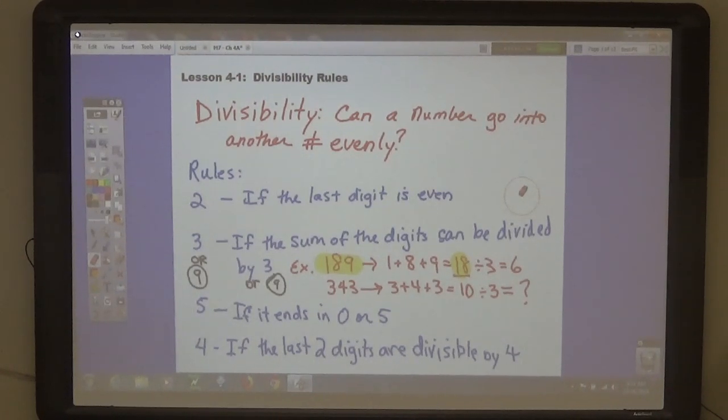So if the last digits are 0, 2, 4, 6, or 8, then the number is even. Think about it: 12, 14, 16, 18, 20, 22, 24 all end in a 0, 2, 4, 6, or 8.